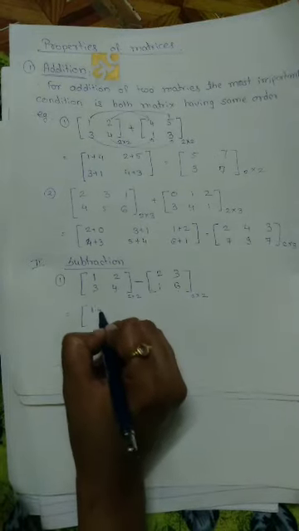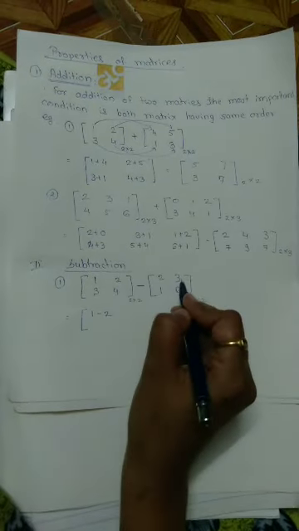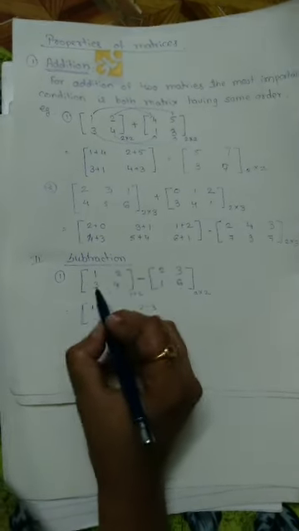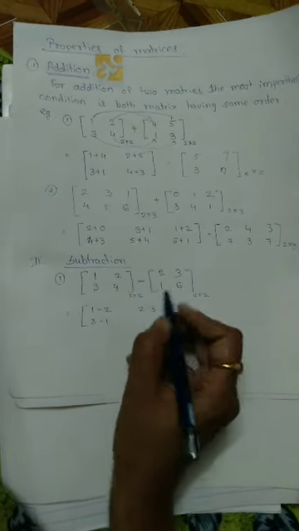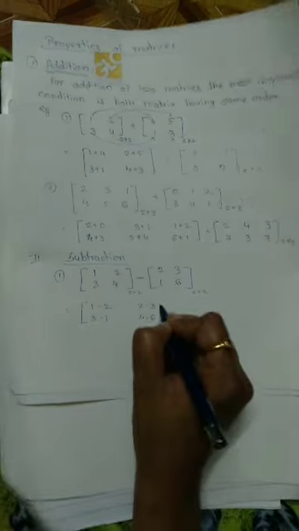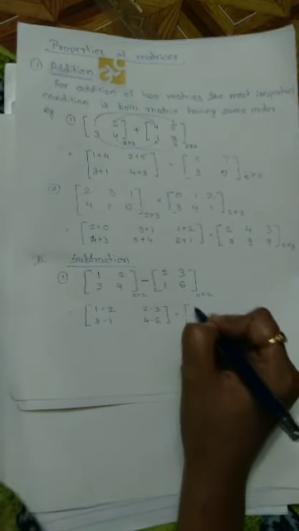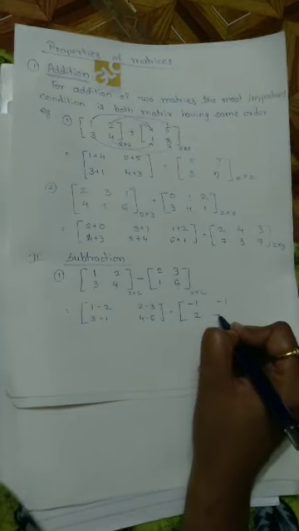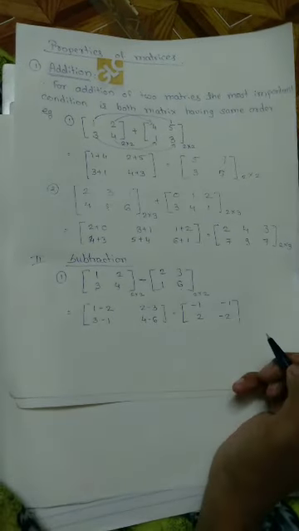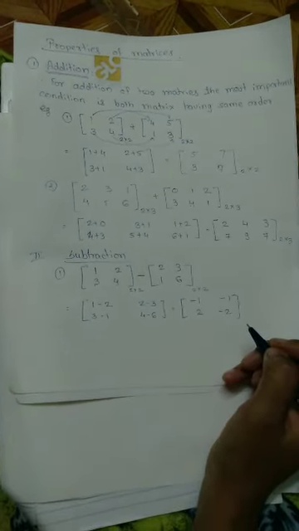So this will be 1 minus 2, 2 minus 3, 3 minus 1, and 4 minus 6. So this is equal to minus 1, minus 1, 2, minus 2. So this is the subtraction.